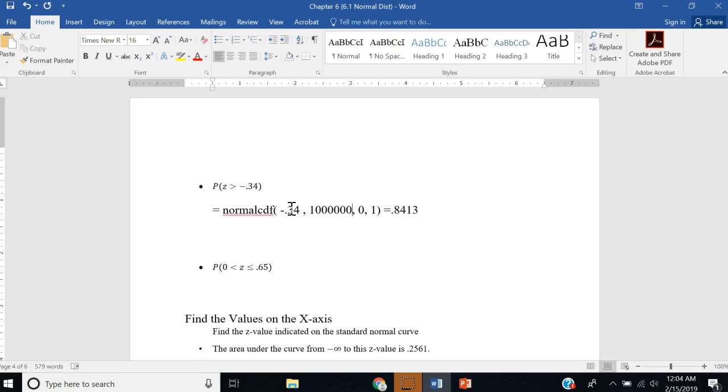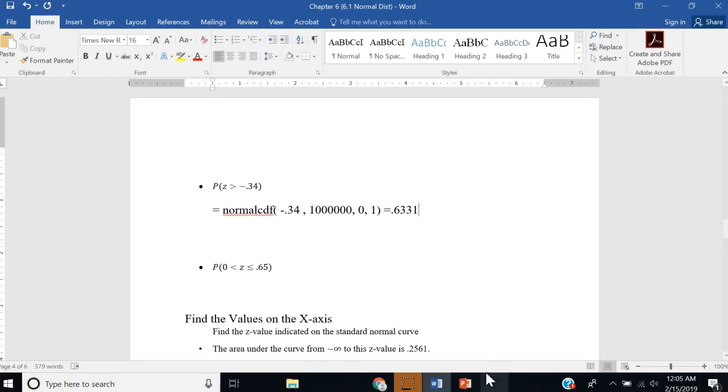So I want to go from negative 0.34 all the way up to some really, really huge number. My mean is still 0, my standard deviation is still 1, and you get 0.6331 as the probability that you pick an individual at random and their z-score is above negative 0.34.